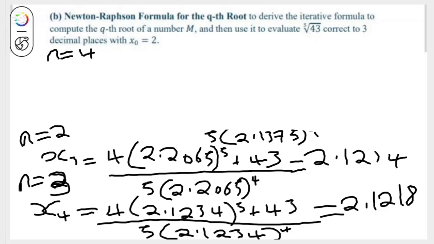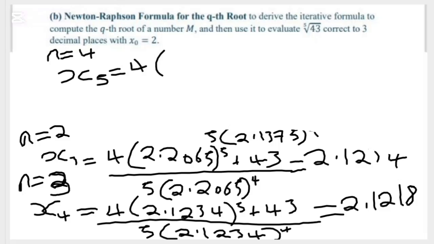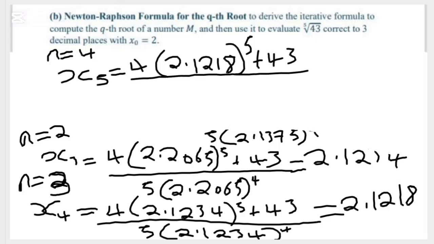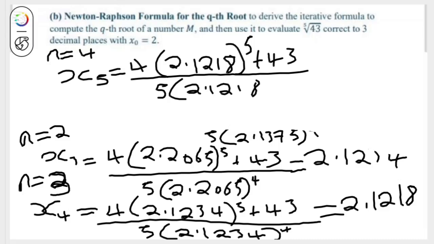So this should now be x5, which is equal to 4 multiplied by 2.1218 raised to the power of 5, plus 43, divided by 5 multiplied by 2.1218 raised to the power of 4.